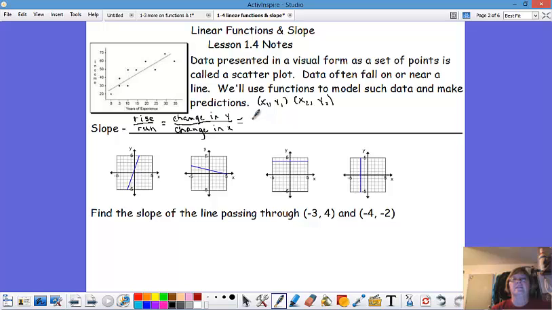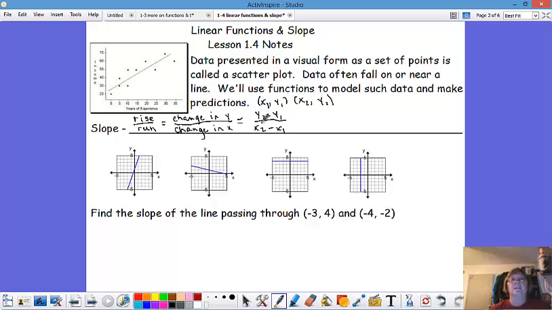Their slope can be determined by finding the change in y. Well, that just means subtracting the two y's, y2 minus y1, over the difference between the two x's, x2 minus x1. And you'll recall that if you begin your expressions with the second point on top, then you've got to follow that same pattern on the bottom.